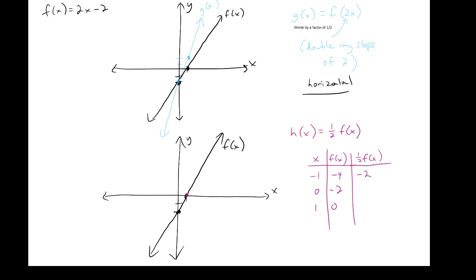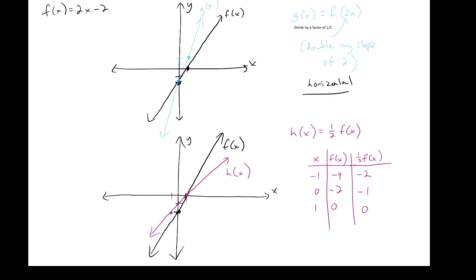So this guy's going to be a -2, this guy is going to be a -1, and this guy's going to be a 0, right? So -1 is going to be -2. So -1, -2, it's right here. 0, it's going to go through -1, and then 1 is going to go through 0. So it winds up being going through this way right here, and that's my h of x.